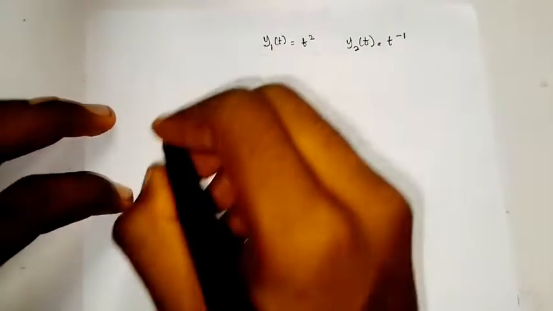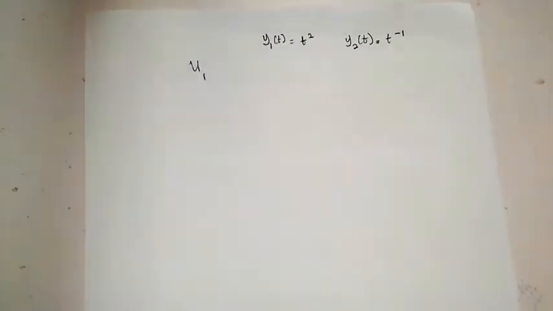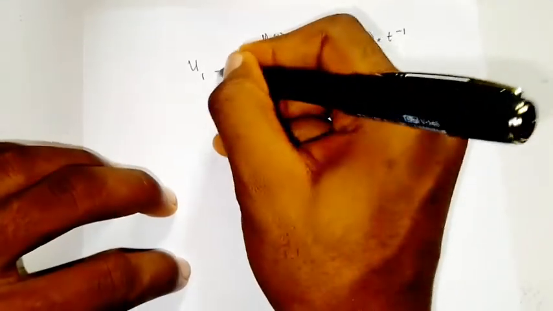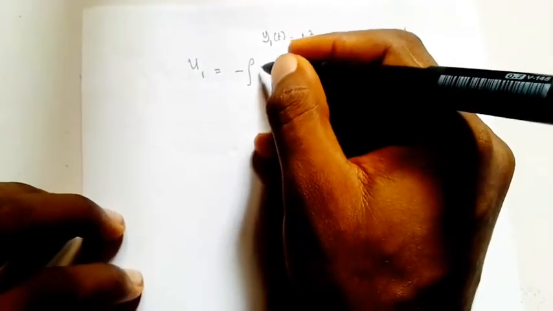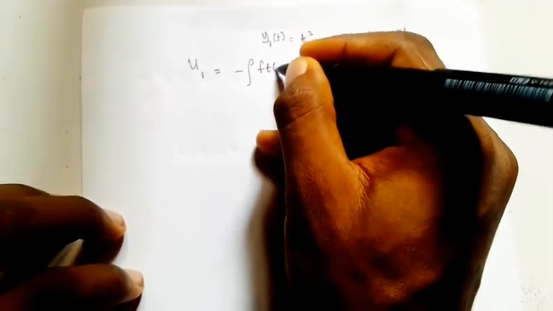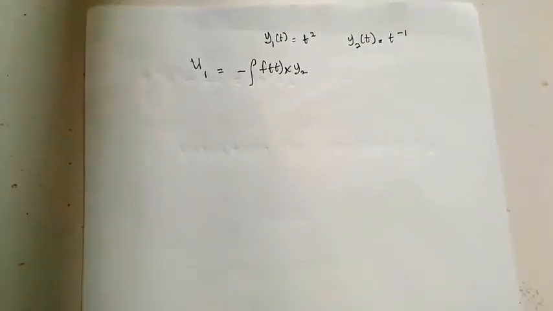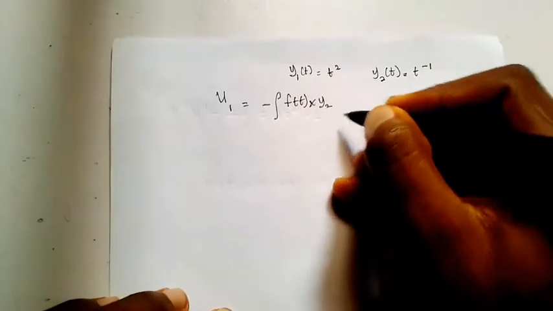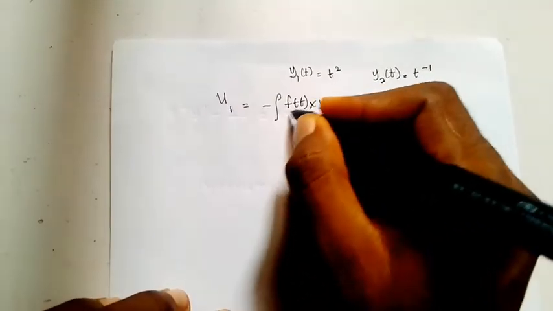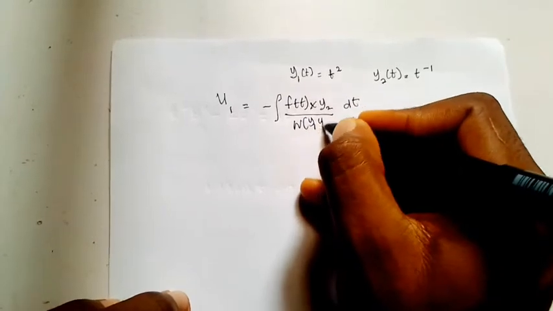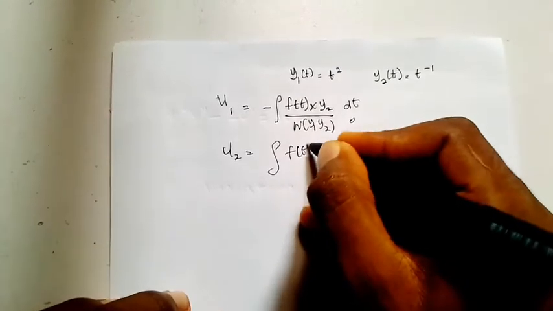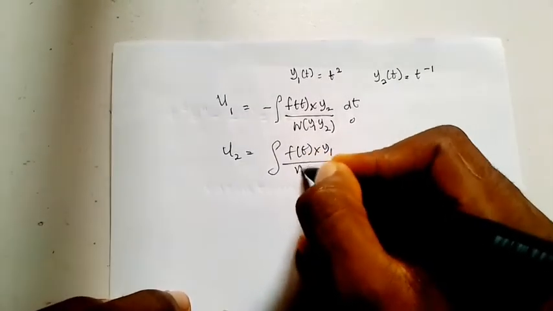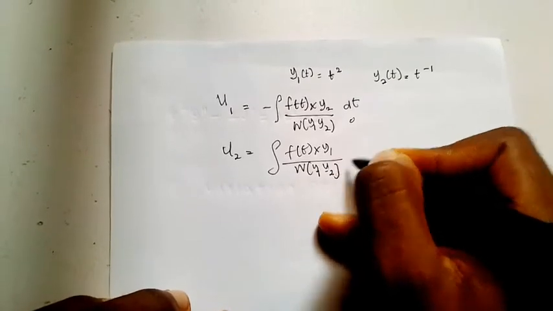Now my u1 was given to be negative integral of f(t) times y2 dt divided by the Wronskian of y1, y2, and my u2 is given to be negative f(t) times y1 divided by the Wronskian of y1, y2 dt.